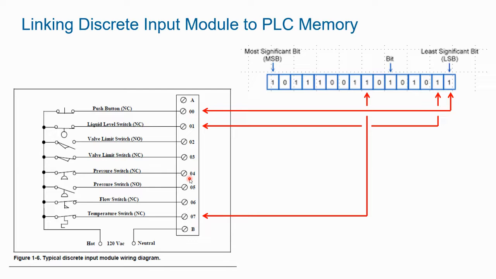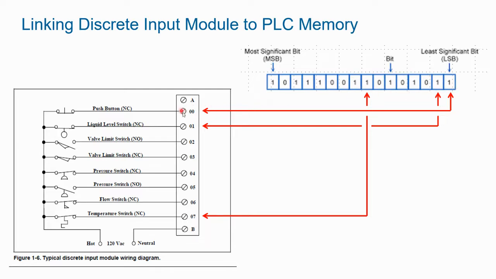So basically, an 8-point input card, 8 bits, that's basically a byte of data, right? So that input card is a byte of data. And the way we map our input card into the memory space of our PLC is we're going to look at that as a binary number.